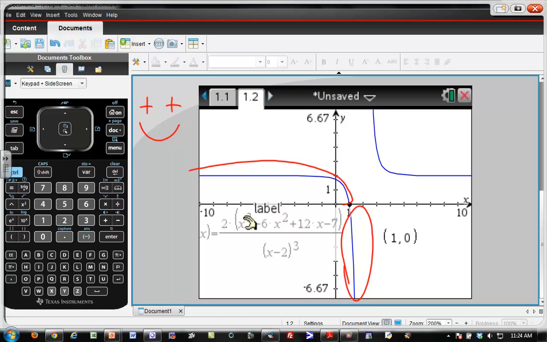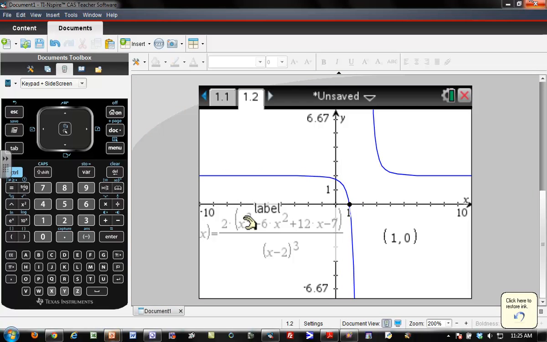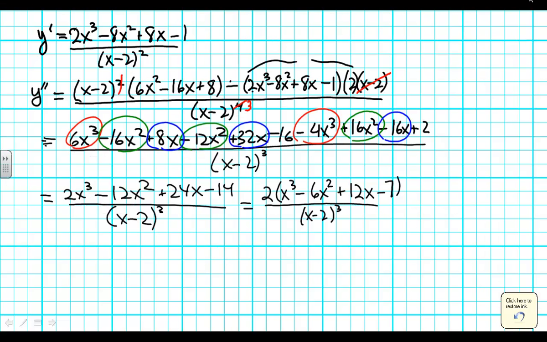All right. Now, we've gotten to the point where we see the sign change in the second derivative at 1. The point of inflection still needs to be found, and that is: what is the value of y at 1?